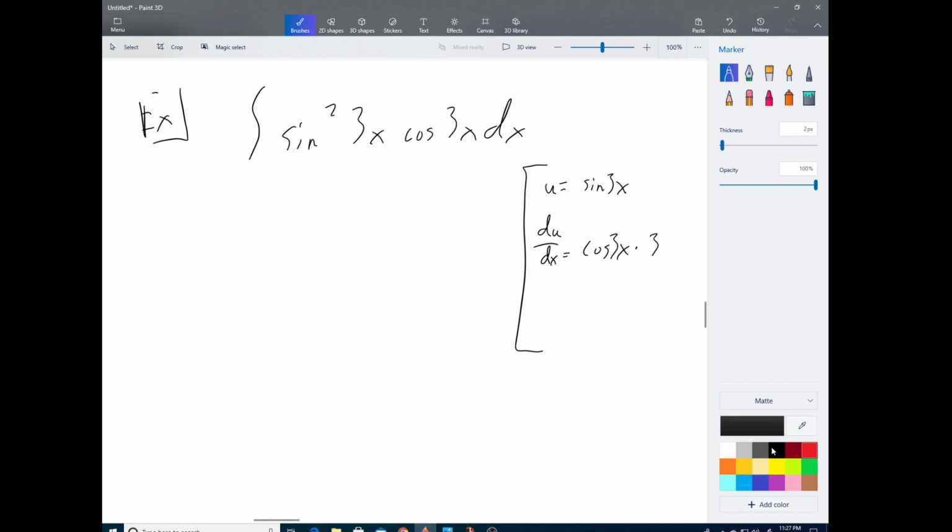And then I'm going to do that trick where I multiply both sides by dx. That's called using the differential. So I get du is equal to 3 cosine 3x dx.